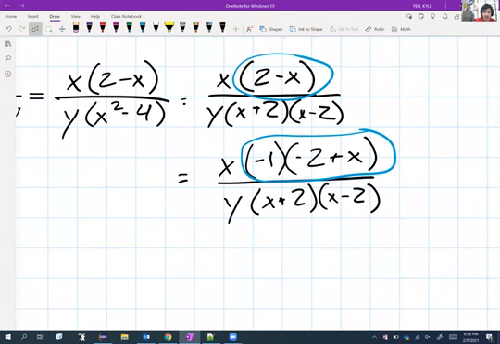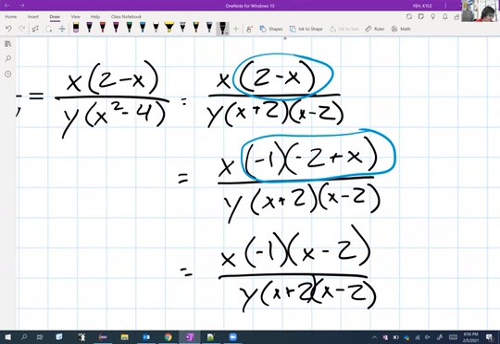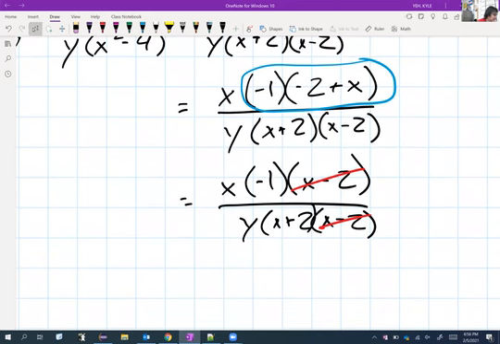It still doesn't look exactly like the things we have below, but if we take one more step, we could write it x minus 2. We could just flip their order. Negative 2 plus x, x minus 2, y, x plus 2, x minus 2. Now they're gone. And now we can just simplify top and bottom. So that'd be negative x on top over y times x plus 2.